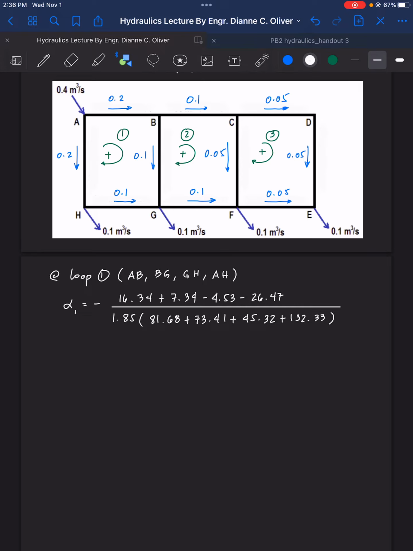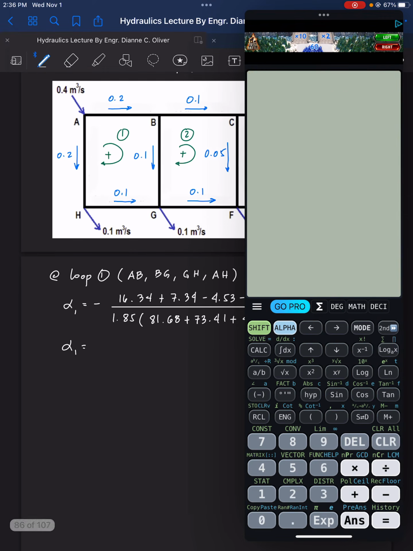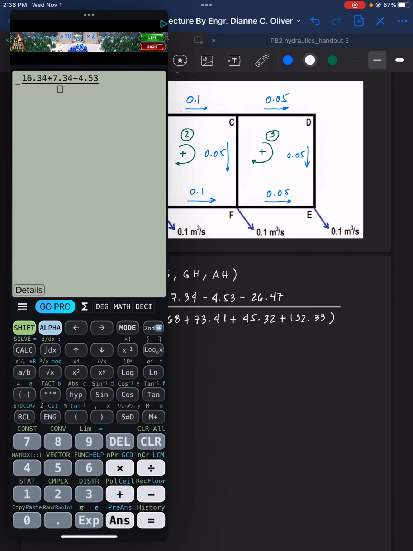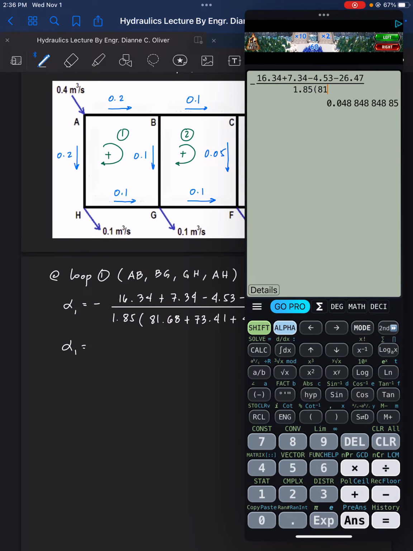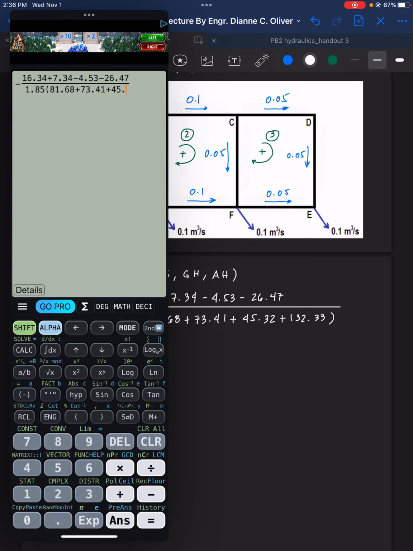So what's the value of our alpha 1, the first correction at loop number 1? Negative of 16.34 plus 7.34 minus 4.53 minus 26.47, all over 1.85 times 81.68 plus 73.41 plus 45.32 plus 132.33.